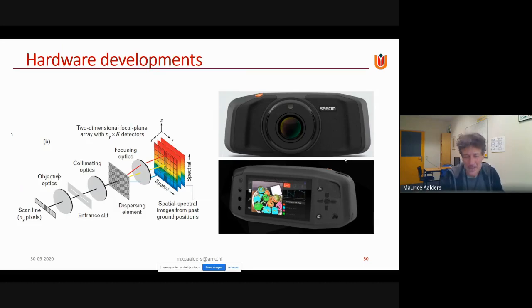Before I come to the applications further, there's some hardware developments lately. We used to do real filters in front of a camera. That meant big cameras, cooled cameras, big filter wheels that would sequentially put a filter in front of the camera each time. So it was a huge machine, a lot of noise.